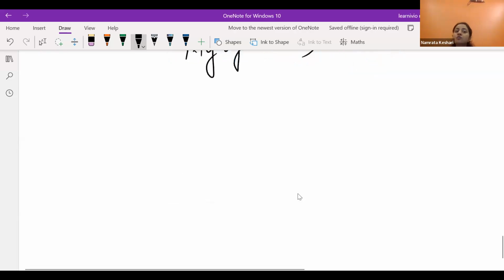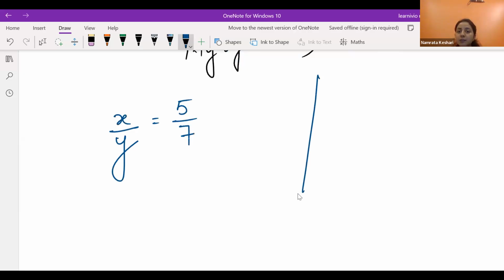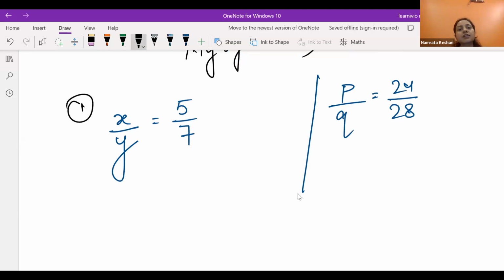So in mathematics, whenever we are provided a ratio, that is x is to y is, suppose, 5:7, or in another case p by q is 24/28. For the first case, x by y is given as 5/7. We don't know whether this rational number is in reduced form or the original one.